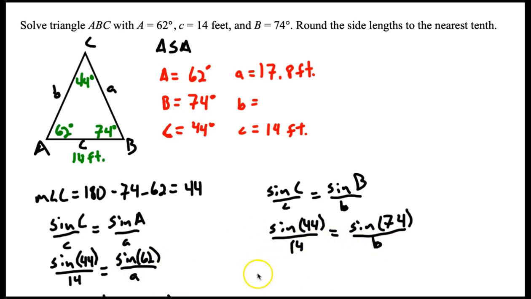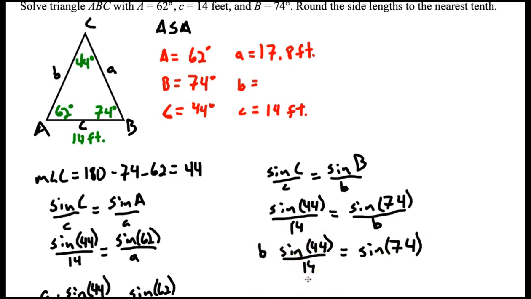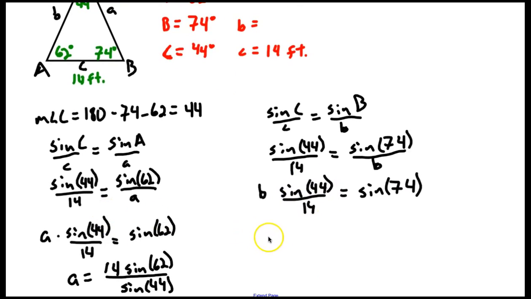We'll multiply the B over: B times the sine of 44 over 14 equals sine of 74. And then to get B by itself, we will multiply both sides by the reciprocal of this fraction. So we'll end up with B equals 14 times the sine of 74 over the sine of 44.